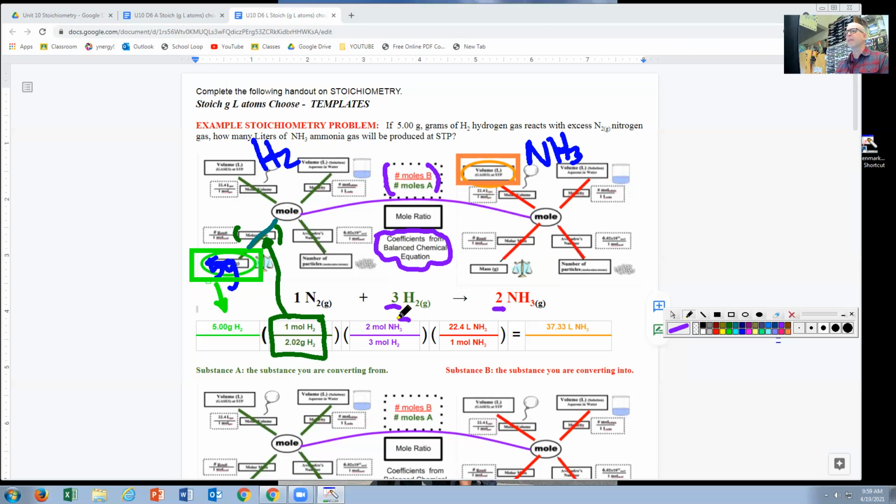And you can see that this conversion factor right here correlates directly to this purple line, getting us from moles of hydrogen, again, moles of hydrogen up here, all the way across to moles of ammonia. Once we get to this moles of ammonia, we know that we want to go up to get to liters.